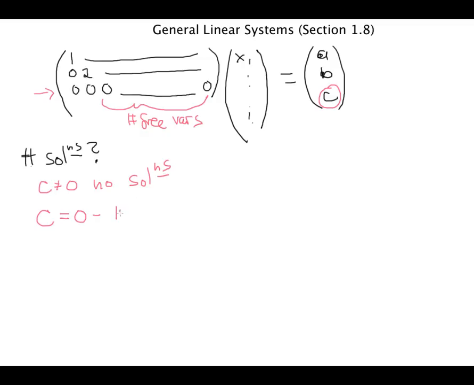There are infinitely many, and they correspond to these free variables.